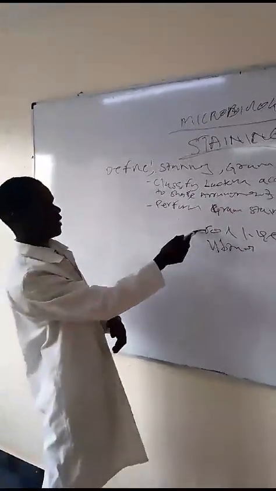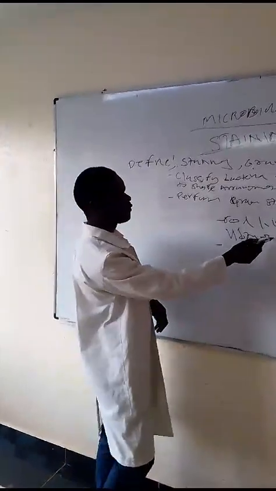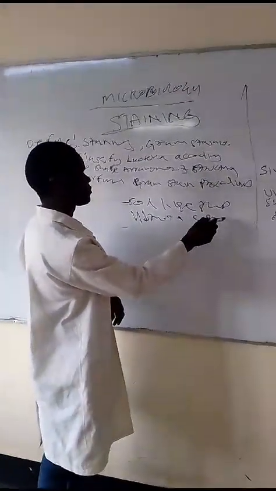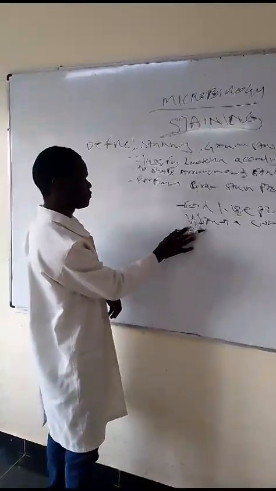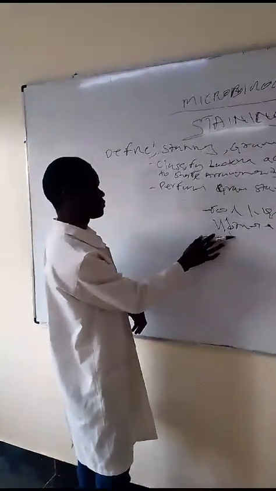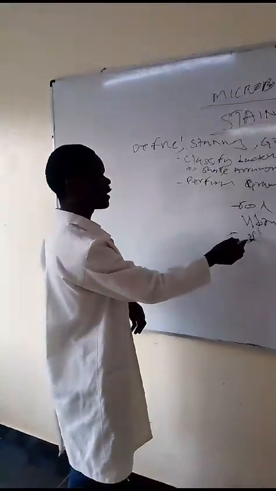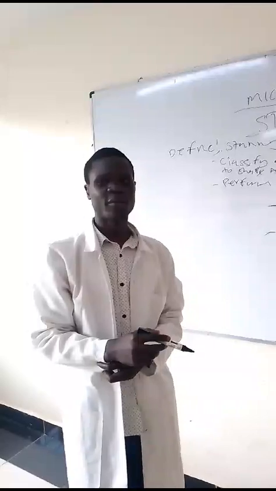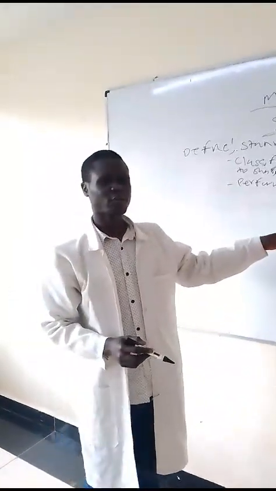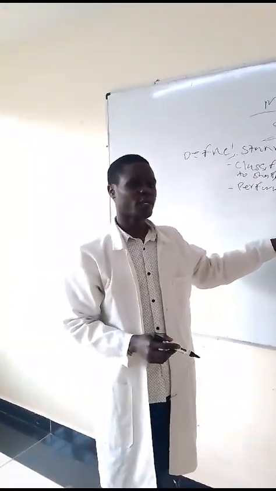And some have a spherical shape. That one we normally refer to as cocci. So we are through the classification of bacteria in terms of their shapes.